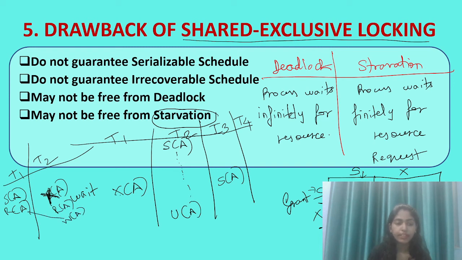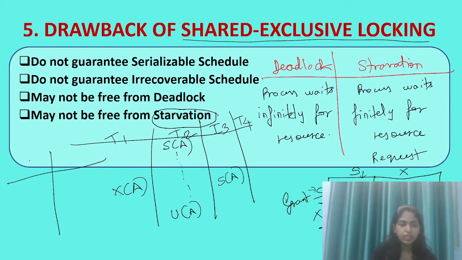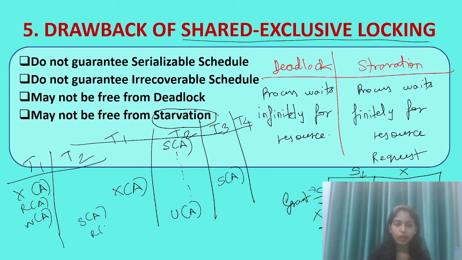So a read-write conflict will happen. Similarly, suppose T1 has an exclusive lock on A, then it will read and write also. Then T2 cannot have a shared lock on A, because if it has, a write-read conflict will happen. So this also cannot be granted.